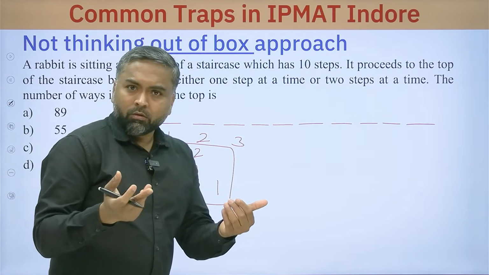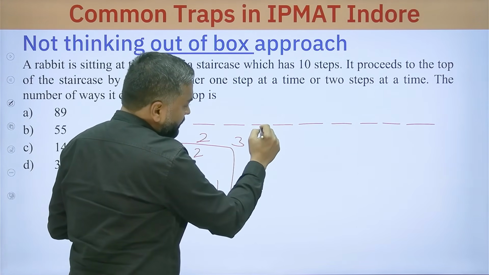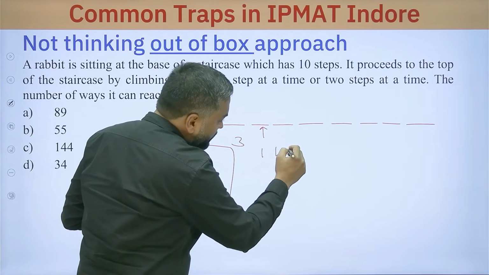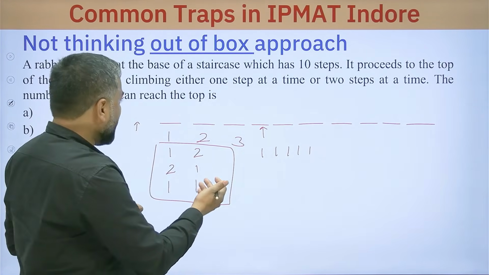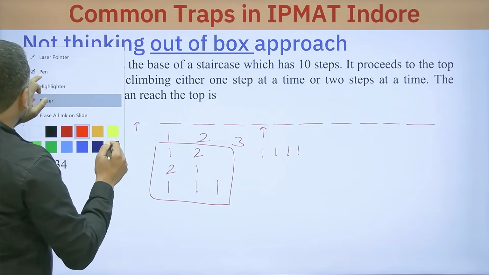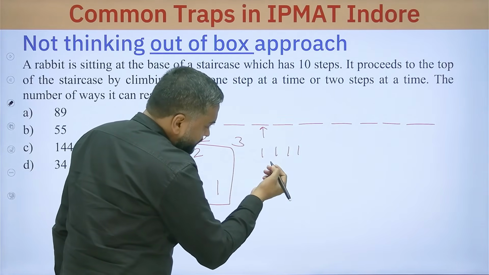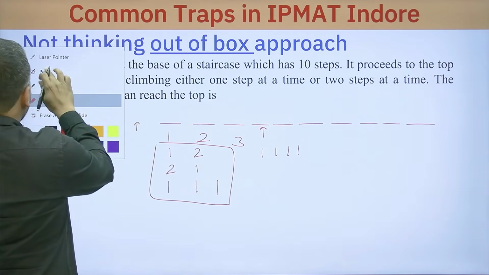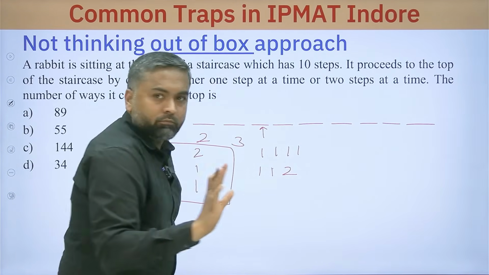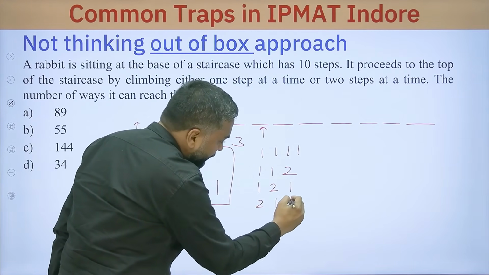Now what you should be doing otherwise? If I have to reach the 4th step, I can take 1 step, 1 step and 2 steps, or 1 step, 2 steps, 1 step, or 2 steps, 1 step, 1 step.